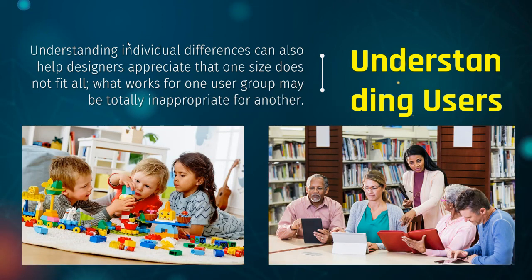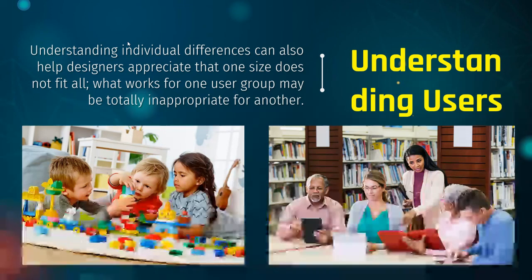Now, for example, sometimes as a designer, we assume that older people want things to be big. So we think the text should be large, the graphical elements that appear on a screen should be large, or even the physical controls like switches, buttons, and dials.